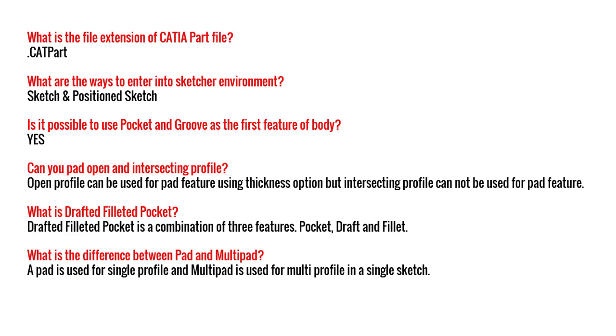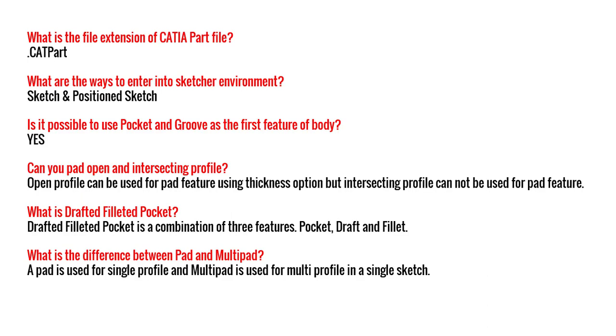On the other side, if I am using multi-pad, then it will detect all the separate closed loops in a single sketch, and it will allow me to apply a separate pad value on those separate closed loops.